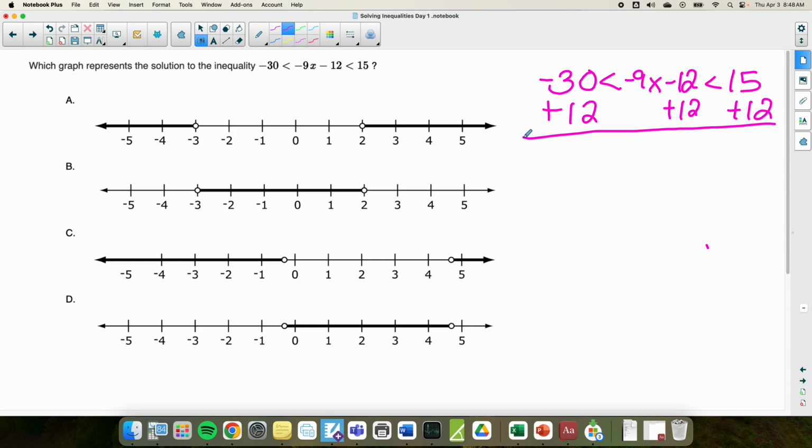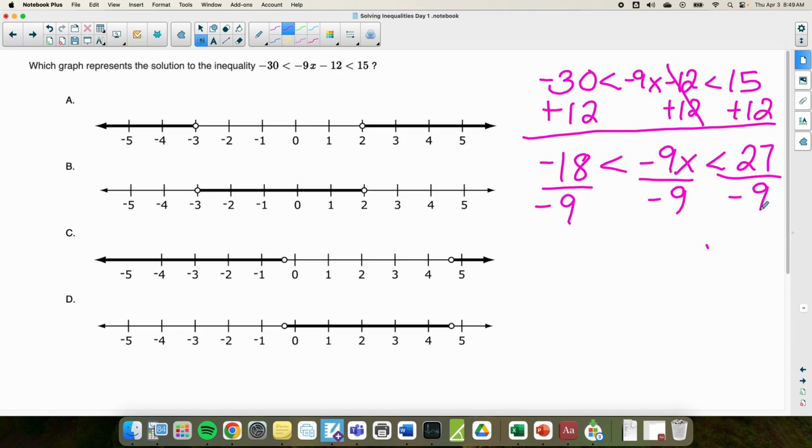-30 plus 12 is -18. This cancels, I get negative 9x, and then it's less than 15 plus 12, which is 27, okay? Now, I can do this and divide by a negative 9. Okay?